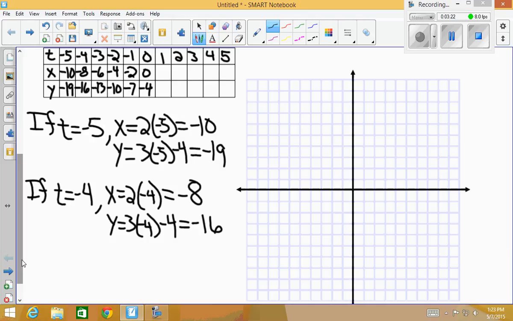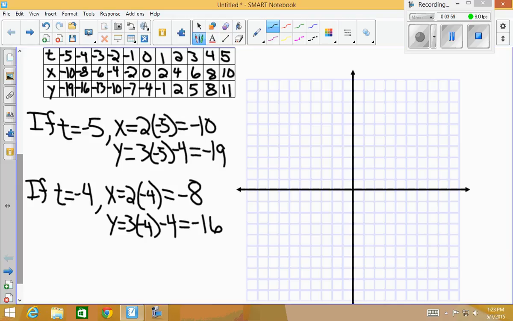If t is 1, then x is 2, and y is -1. If t is 2, x is 4, and y is +2. If t is 3, then x is 6, and y is +5. If t is 4, then x is 8, and y is 8 as well. And if t is 5, x is 10, and y is 11.